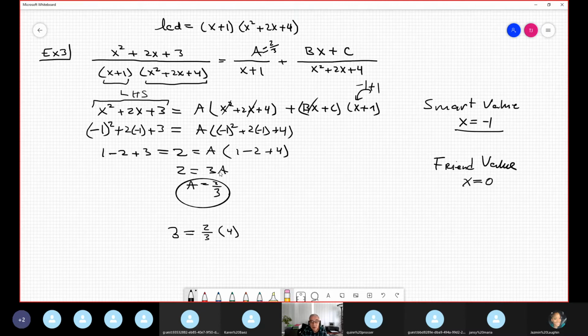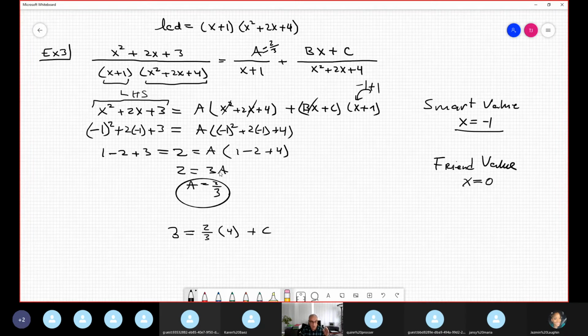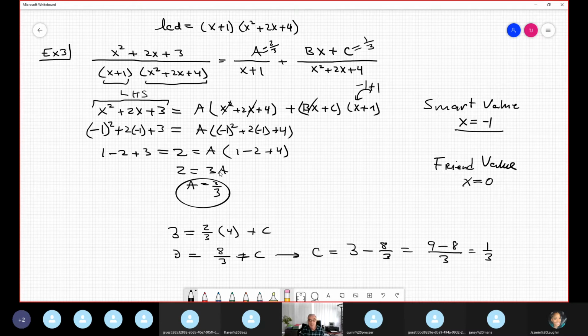What stays alive is C multiplied by 1, because 0 plus 1 is 1. Easy equation. The only thing you should do is solve for C. So 3 is equal to A times 4 plus C, therefore C alone is 3 minus 4A over 3, which is 9 minus 8 over 3. This is 1/3. So C is 1/3.